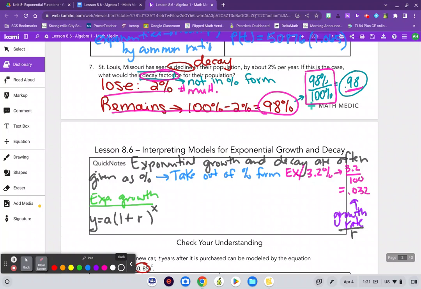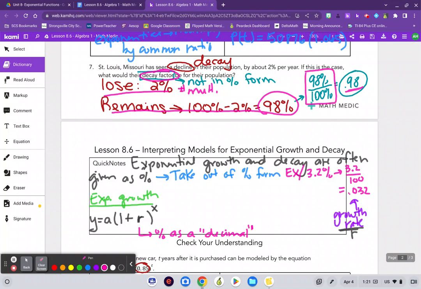And that r value is this growth rate, okay? And so this r value is that percent as a decimal. I'm going to say decimal in quotes because, again, sometimes percents are decimals. I'm just taking it out of percent form. So if I have growth, I'm going to say 1 plus that growth rate, okay?